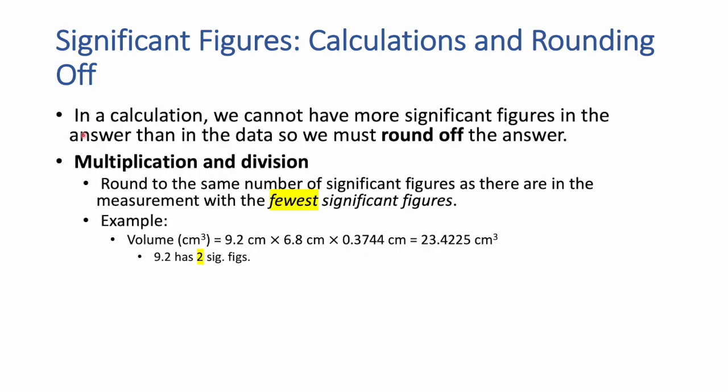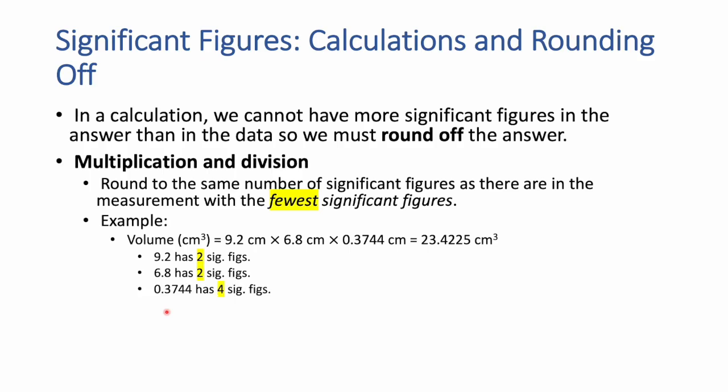So again, when we are multiplying or dividing, we will need to round our answer to the fewest number of significant figures. So we're going to go through each of our measurements and count the number of significant figures. For 9.2, we have 2 sig figs. 6.8 has 2 sig figs.